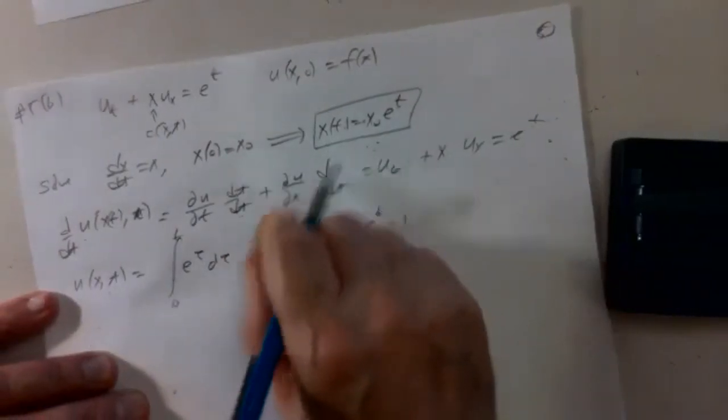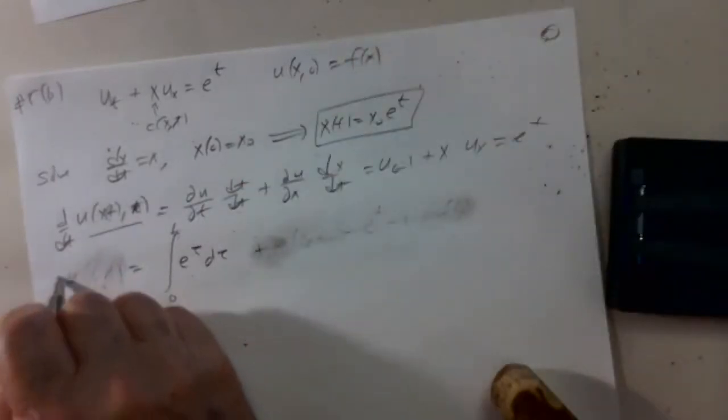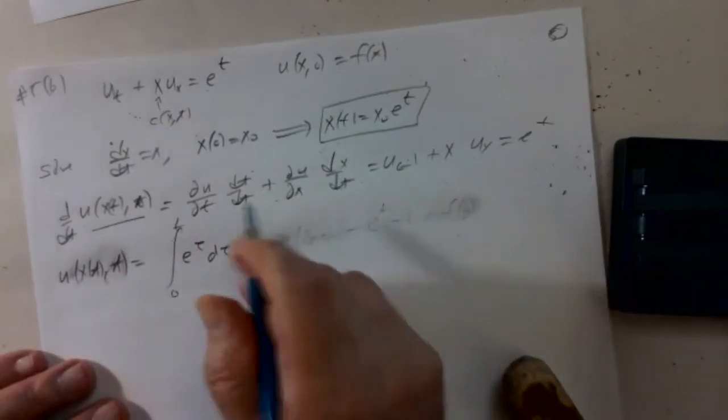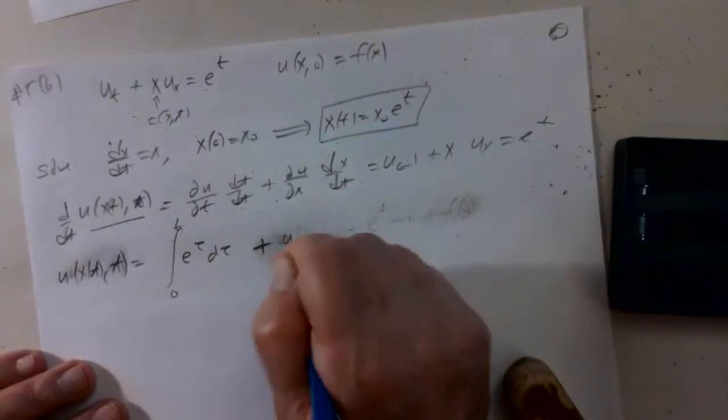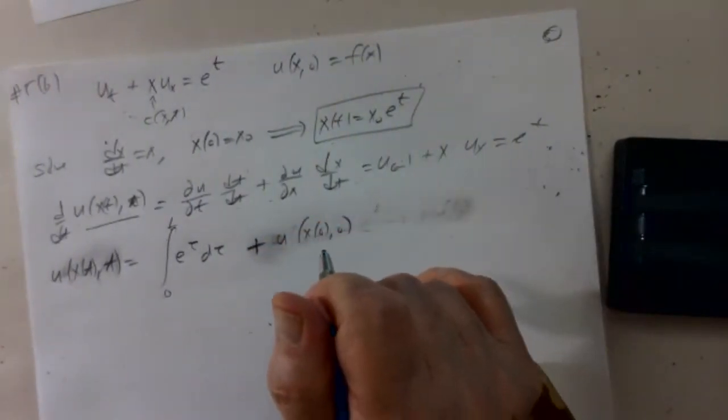Let me write this down more carefully. So the derivative of this function is e to the t. So u of x of t comma t is the integral of this plus the value of this at 0, u of x of 0 comma 0.